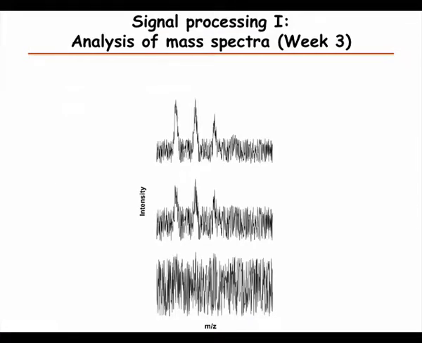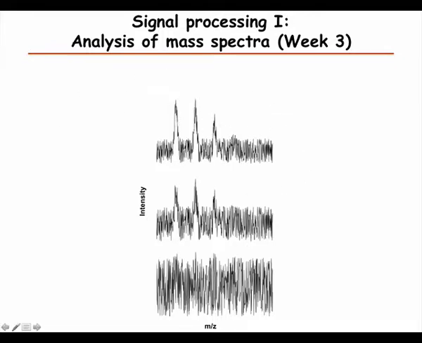In the third week, we're going to talk about how to analyze the mass spectra and what kind of signal processing methods we can use, mainly to find and integrate peaks. This shows three example spectra.